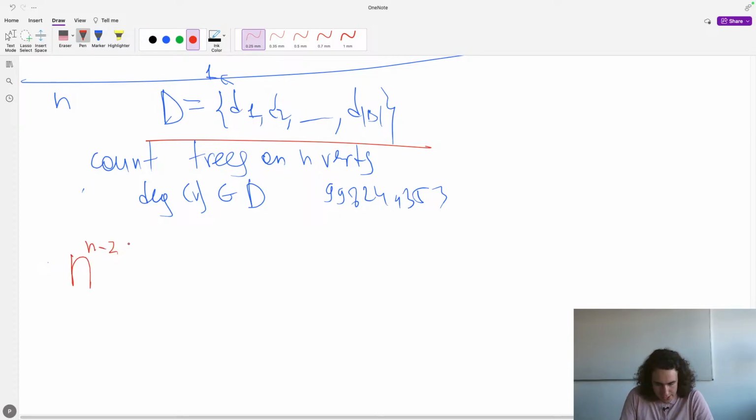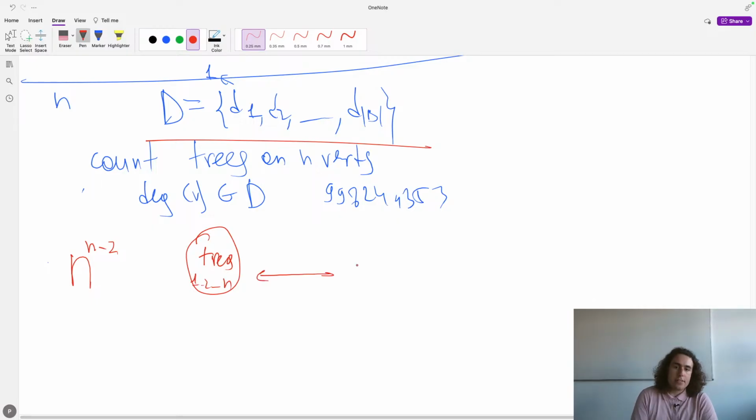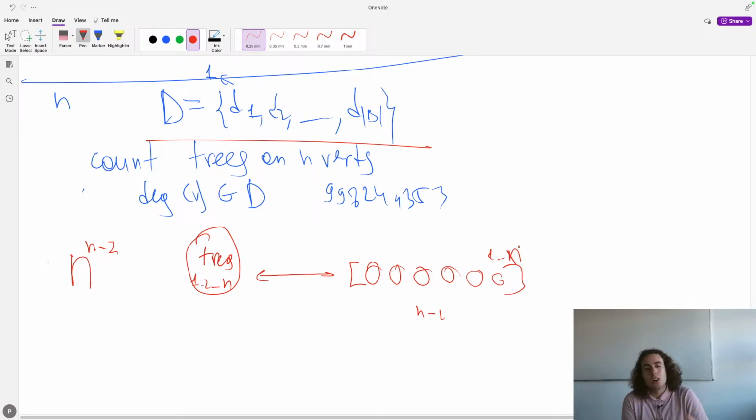And the reason for that is that there is a bijection between trees on vertices 1 to n, and arrays of size n minus 2, where every element is a vertex of that tree. So every element is a number from 1 to n. How many arrays of length n minus 2 are there?